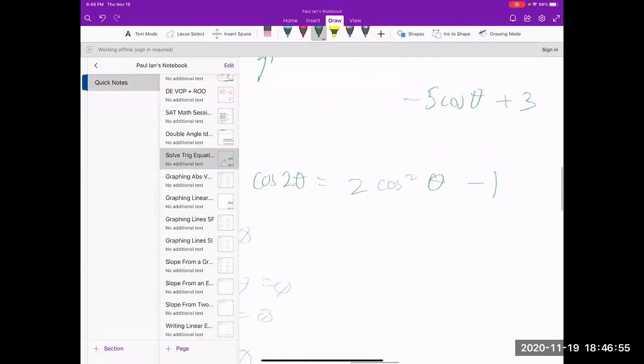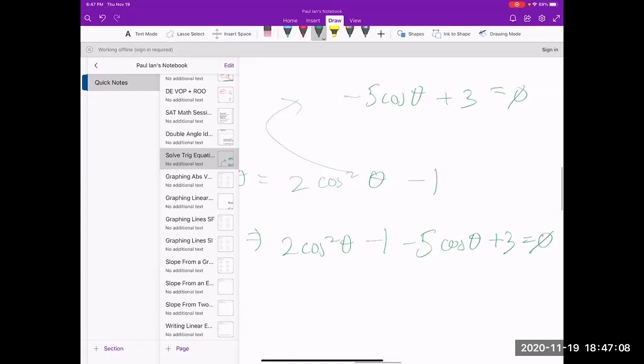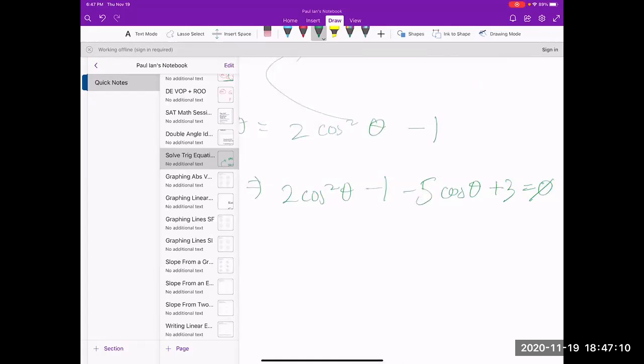Okay. So if you plug that in here, 2 cosine squared theta minus 1 minus 5 cosine theta plus 3 equals 0. Okay. What can you do?